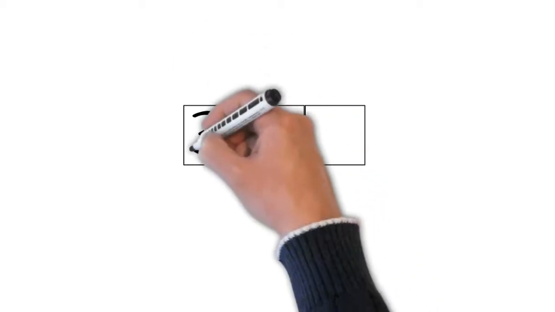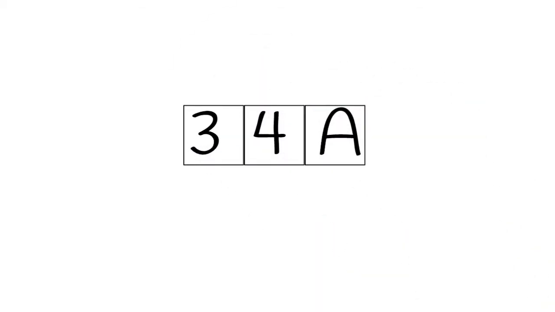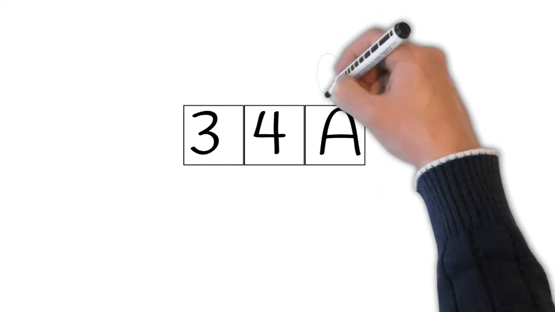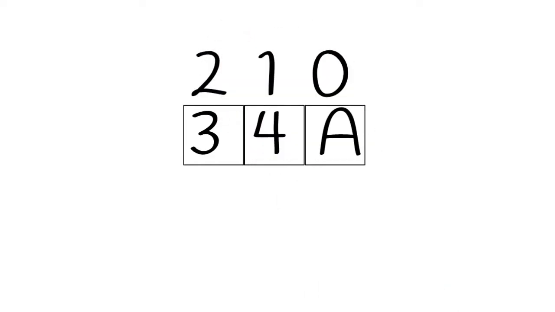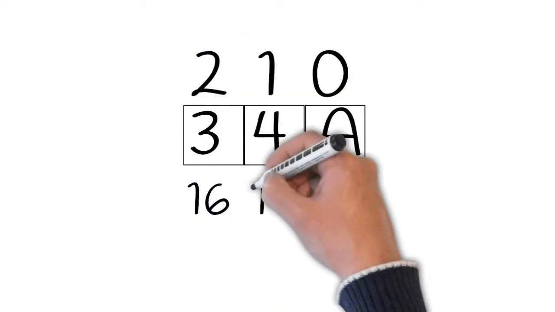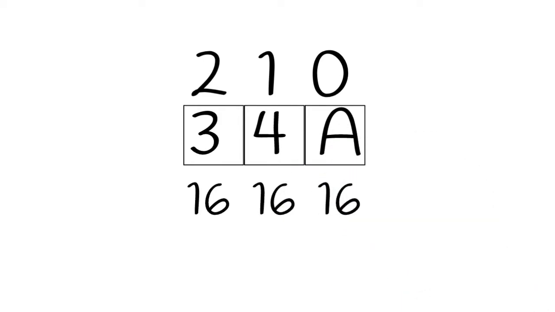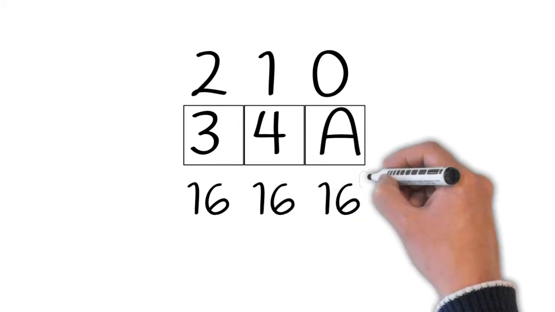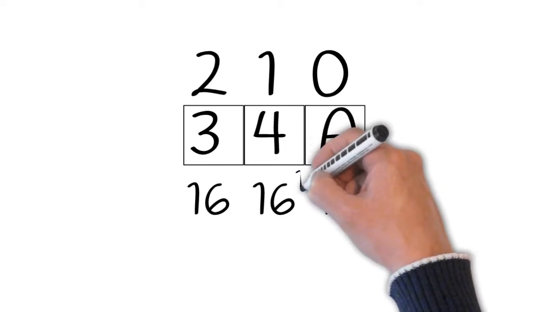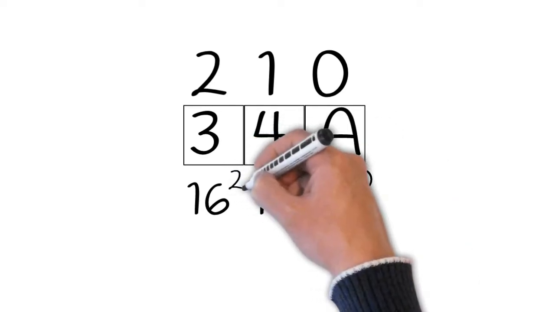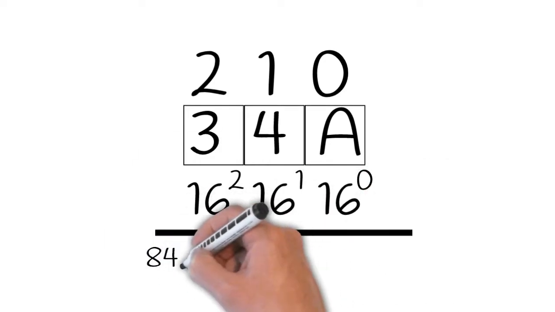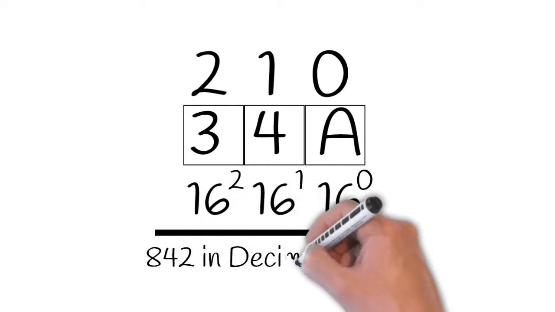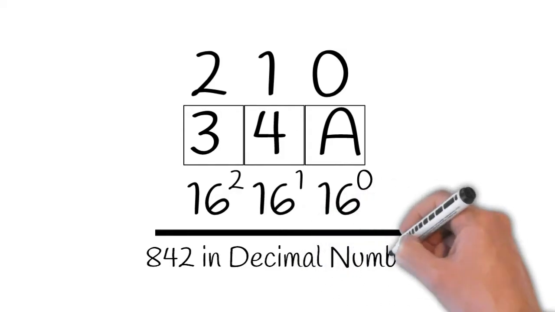Let's suppose we have three different hex values, that is 3, 4, A. The ordering of the hex values starts from the far right, which is 0 hex, 1 hex, and second hex, and you multiply each of those hex values by their corresponding power. So A times 16 power 0, 4 times 16 power 1, 3 times 16 power 2, and then you add them up and you get 842, which is the decimal representation of the hexadecimal value 34A.